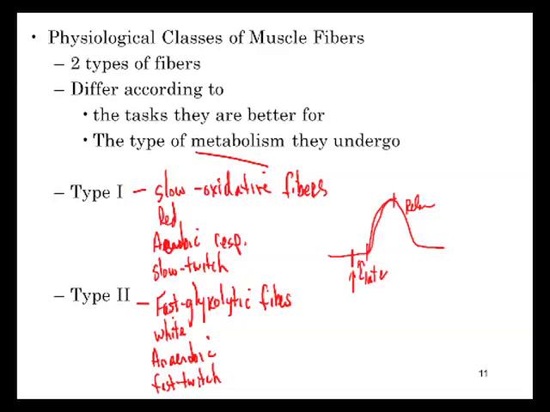I'm going to give you an analogy that you all should be able to understand. One way to look at these different fibers, and it relates to red and white, is think about a turkey on Thanksgiving. You got the white meat, you got the dark meat. The white meat would be the type 2 fast glycolytic fibers. The type 1 would be the red slow twitch fibers, would be the dark meat, the legs and the thighs of the turkey.